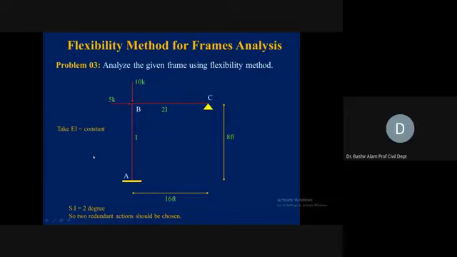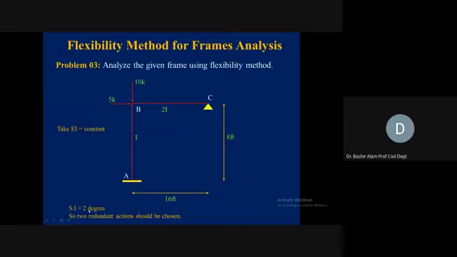Again, the first thing we need to start with is the statical indeterminacy. 3 support reactions are unknown at A and 2 support reactions at C. So the structure is statically indeterminate to 5 minus 3 is equal to 2 degrees.